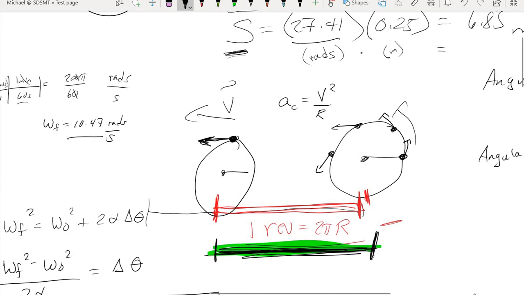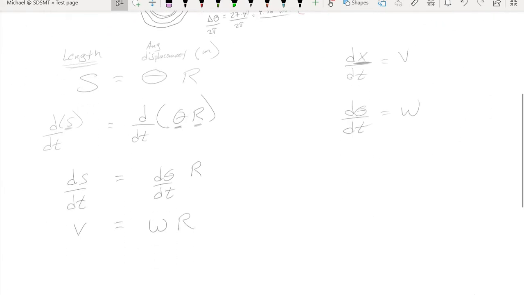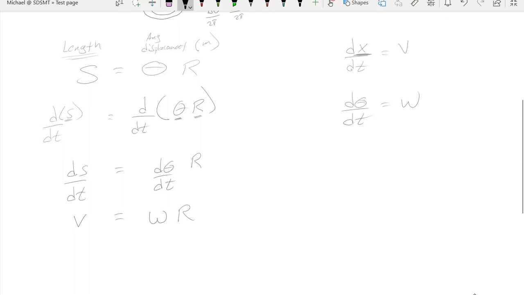But one thing that we should have noticed by now is that as we constantly go around in the circle, that velocity vector is always pointing tangent to the surface of our circle. And so we're going to call this change in arc length with respect to time a tangent velocity. So this is the speed that runs tangent to the wheel, and that speed can be measured as the angular velocity times the radius.